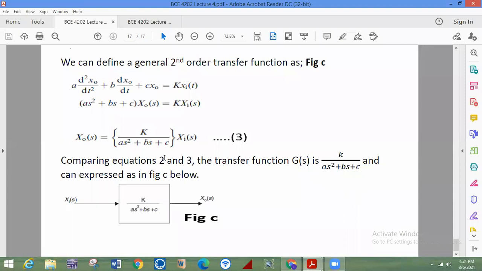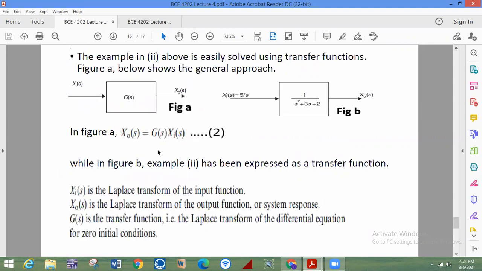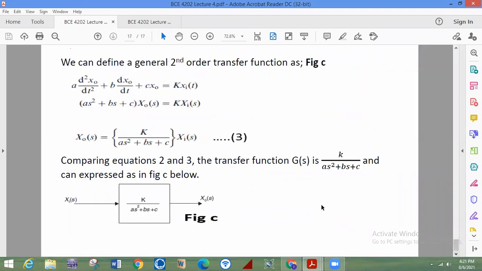If you look at this equation, x naught equaling this, and you compare it with the general one, you realize that our transfer function is this part, where we have k over a s squared plus b s plus c.